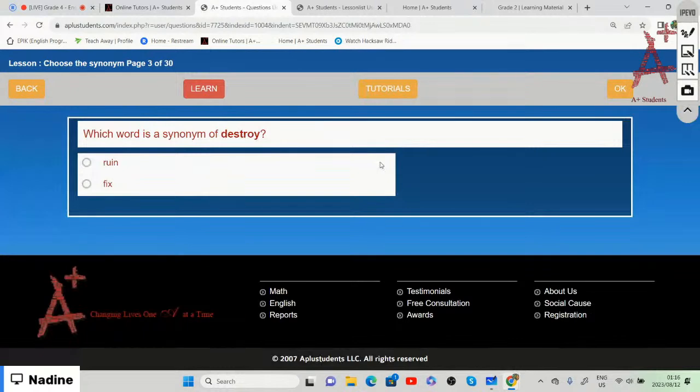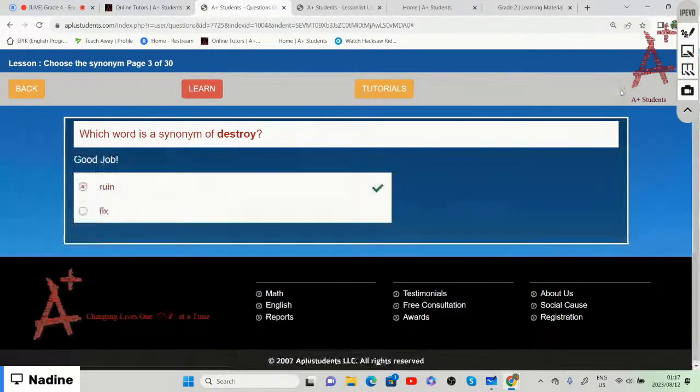Destroy basically means either to end something or to damage something, like you're attacking something, which means that we are not fixing anything. If you're damaging something, you're not fixing it, which means that destroy is similar to ruin, because fixing has nothing to do with damaging or breaking something.